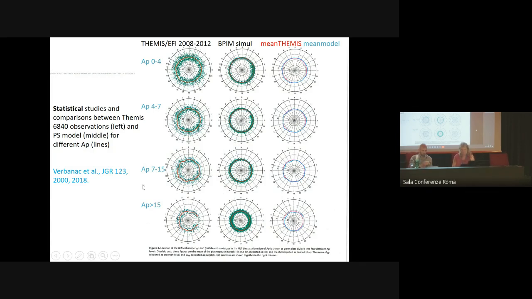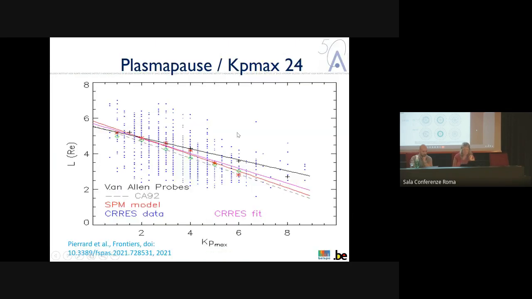In fact, yes, statistically, on average, the model gives good results, but you can have some cases when the plasmapause is not completely well reproduced. But here on the right, we compare the mean THEMIS plasmapause in red with the mean model in blue, and you can see that, on average, it gives very good results.